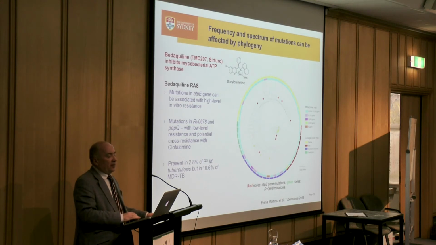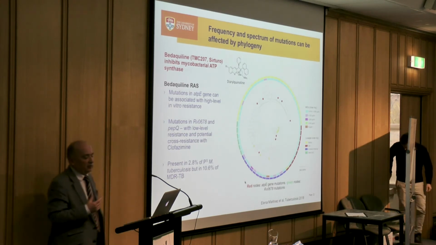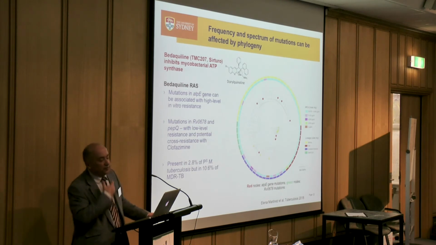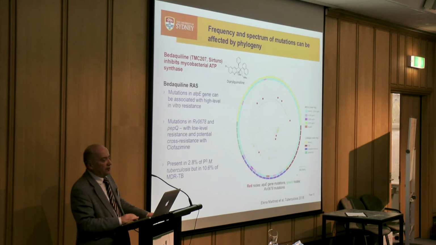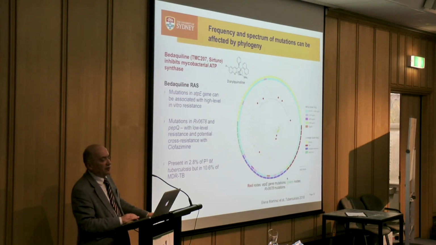So what was interesting was to see the relationship between the phylogenetic properties of strains analyzed and the distribution of these mutations. On this graph, on the outer ring, Beijing lineage strains are in yellow, and East African Indian strains, predominantly from the subcontinent, are in red.